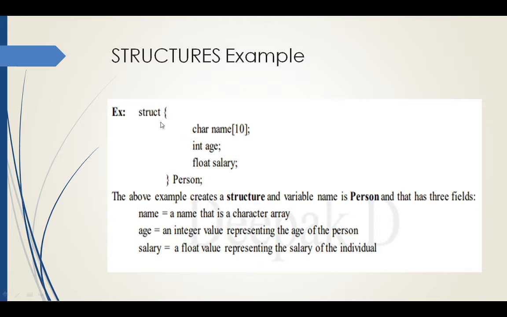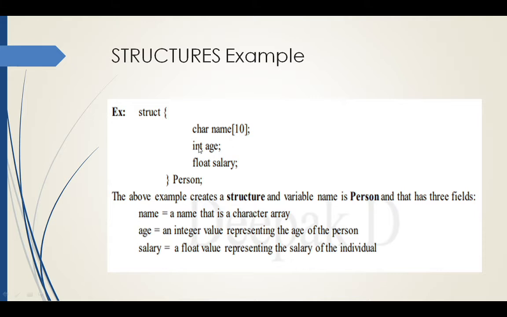Let's take an example here. So here I declared a structure. As I said, the declaration of the structure starts with the keyword struct, followed by the open brace. Here I want to take three variables in a structure of different types. The first variable is name, which is a character array, char, and I can store 10 characters in this variable.